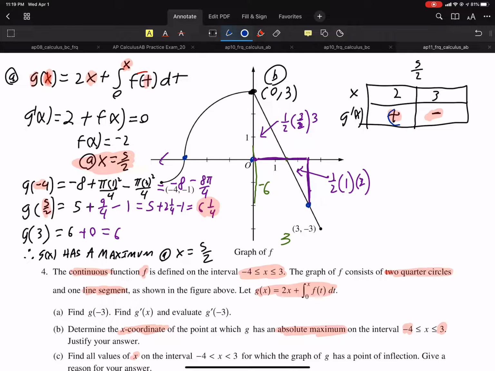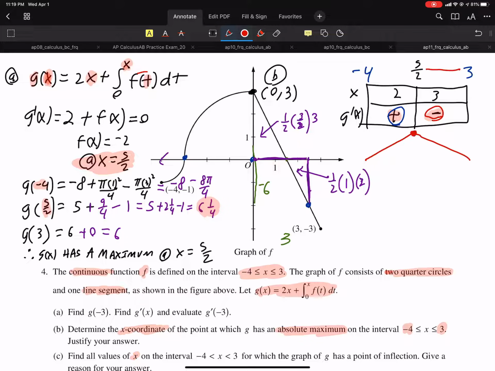What does a positive derivative mean? So from our left endpoint to our critical point, in that whole region, your derivative is positive, so your function has to increase on that whole region. And then from 5 halves to 3, your derivative is negative, meaning your function must be decreasing.